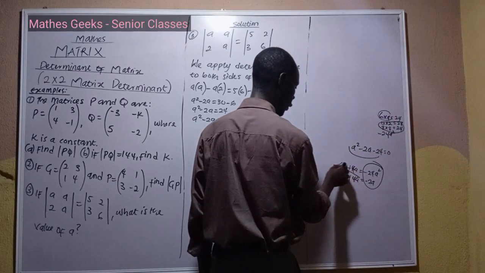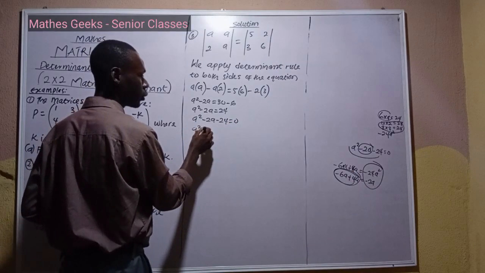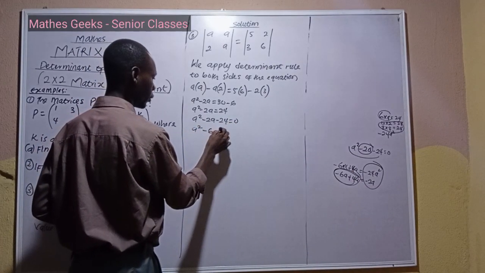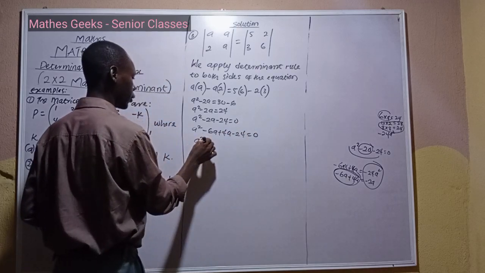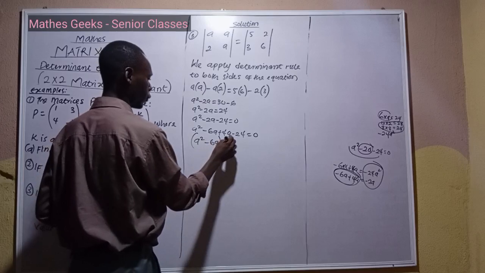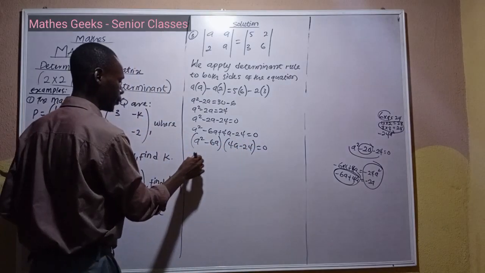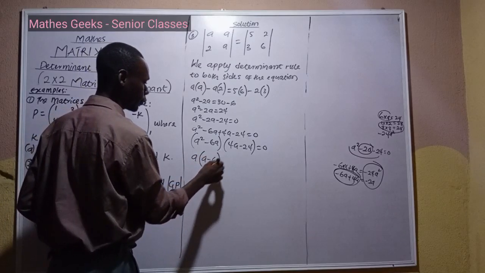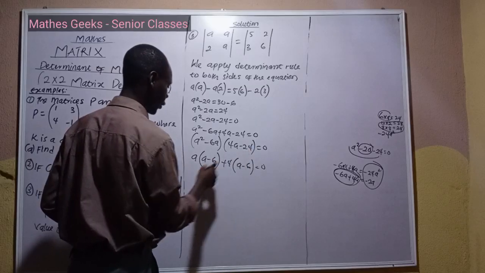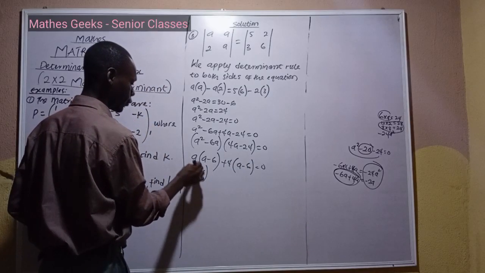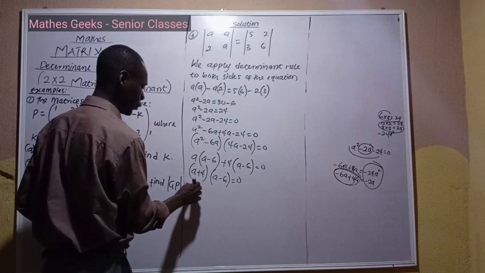Now we put these in place of the middle term. E squared minus 6E plus 4E minus 24 equals 0. E times E minus 6, plus 4 times E minus 6, equals 0. So E plus 4 and E minus 6 equals 0.